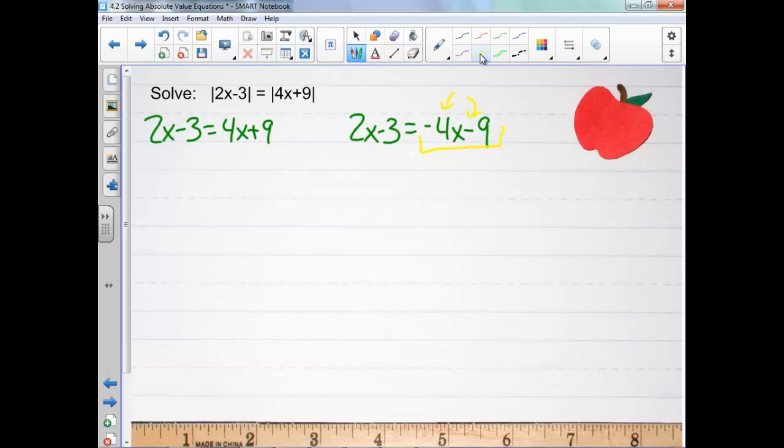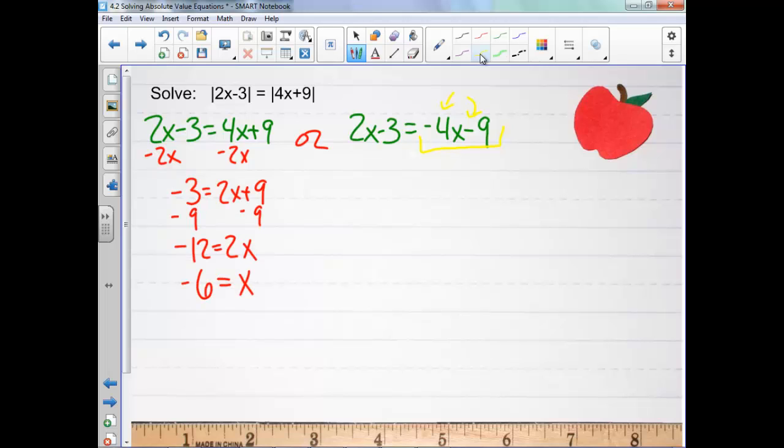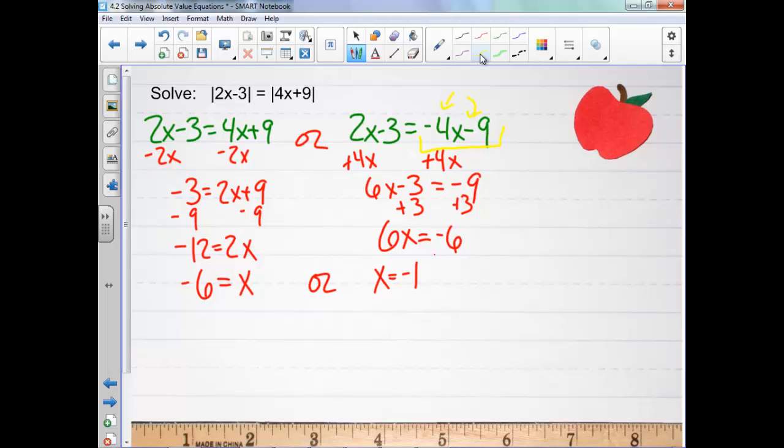Now we just solve each of these individually. So x equals negative 6 or negative 1.